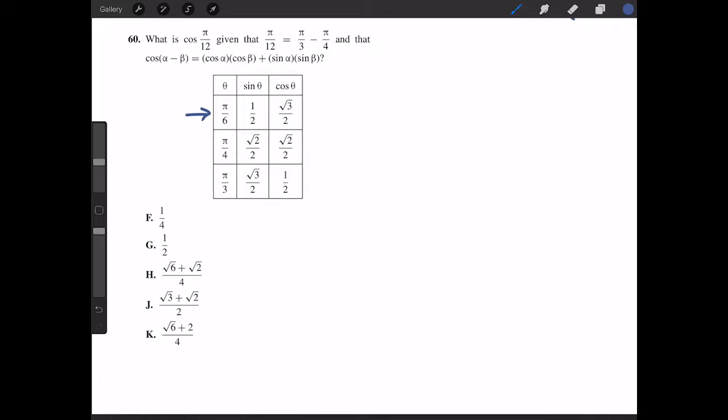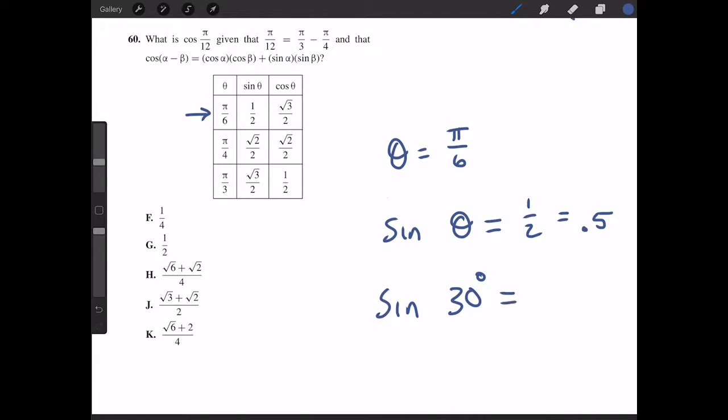You're supposed to know that, for example, if the angle is equal to pi over 6 and sine of the angle is equal to 1/2, which is simply 0.5, that is actually a measurement in radians. The reason is that you're supposed to know what angle gives you a sine of 0.5, and it's something you should probably memorize.